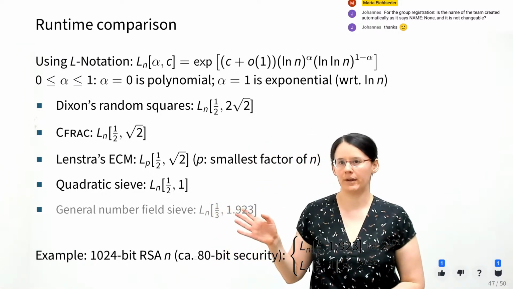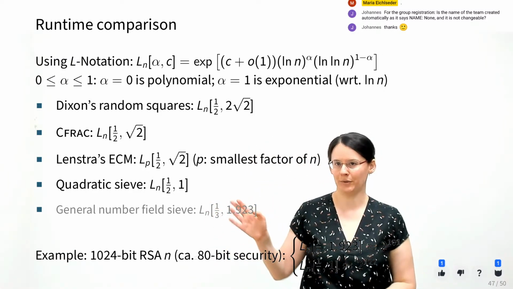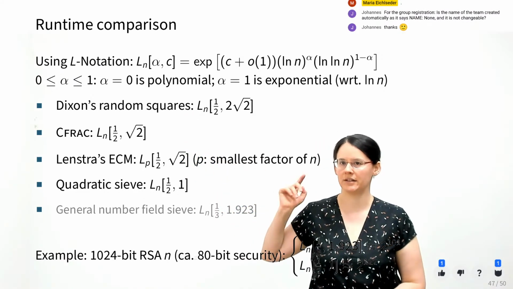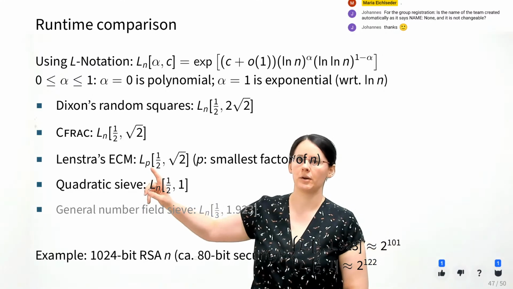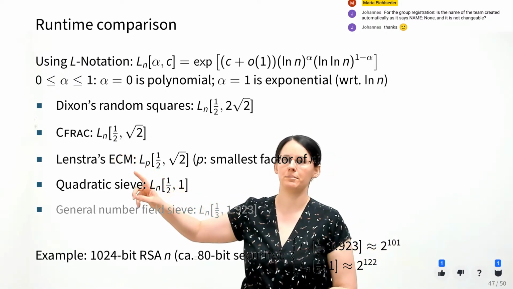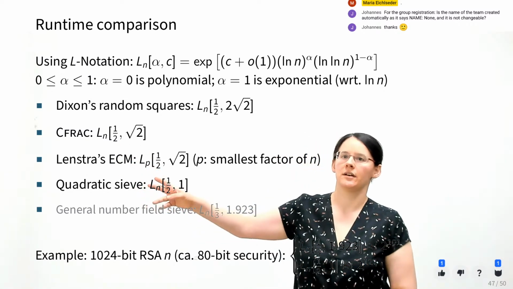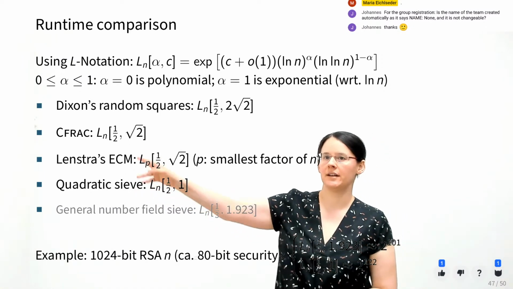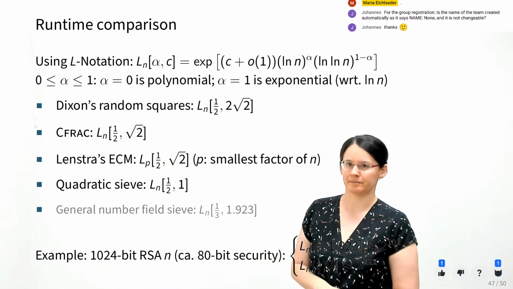The elliptic curve one that we are going to have a look at next week has essentially the same as continued fractions, but not with base n, but with base p. So it's super polynomial sub-exponential in the smallest prime factor of n instead of n itself.